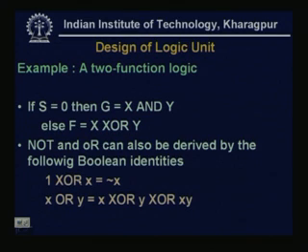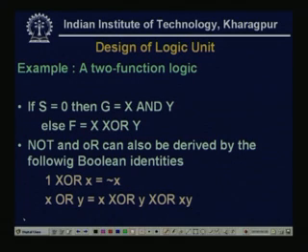Now, we see a two function logic. Earlier we have seen a two function arithmetic unit. Now, we see a two function logic unit. In the last example, if S equal to 0, then it was an addition, and if S equal to 1, then it was a subtraction.